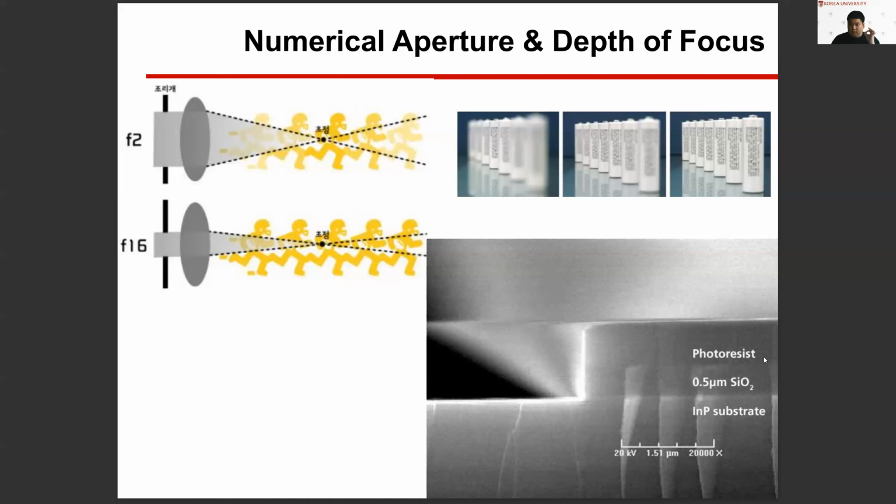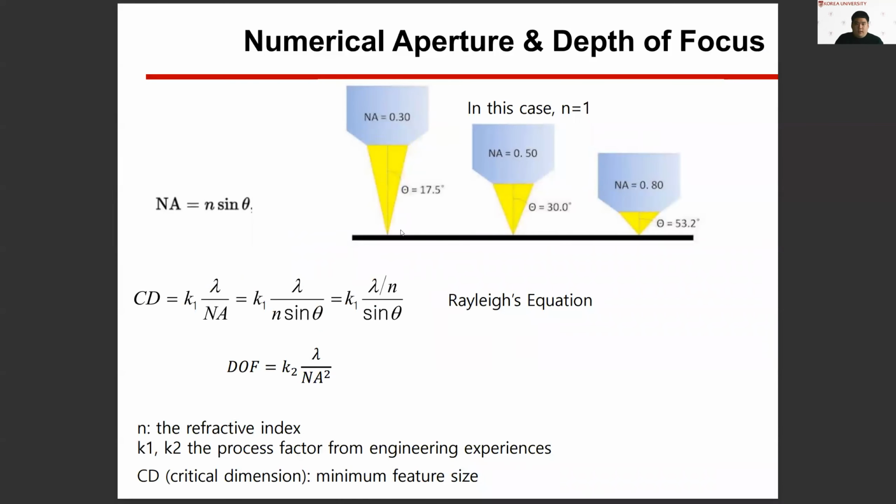Because nowadays it is normal to make 3D structures in semiconductor fabrication, a short depth of focus is not great, because we need to put the photoresist on them. Another thing is the numerical aperture.